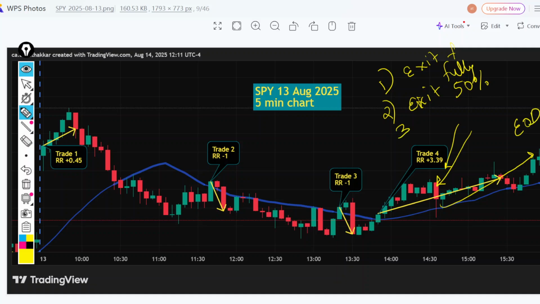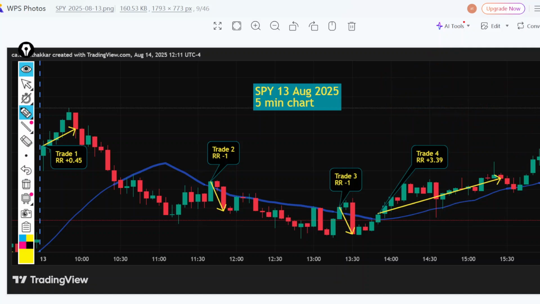Third option is hold 100% of your position size till the end of the day. So it all depends on what kind of risk averse trader you are. So I have assumed that we exited somewhere here, and the risk reward ratio is 3.39. So basically we were able to somehow get into profitable territory on this day because of this trade.